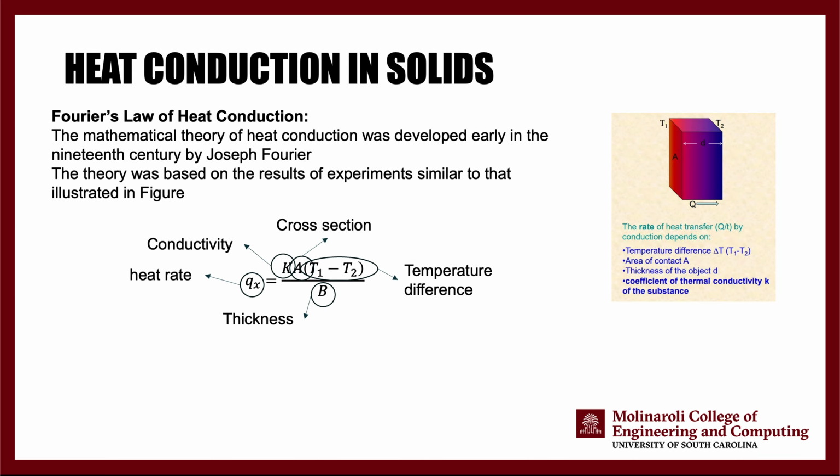This equation assumes that there are no heat sources in the wall itself. So the heat sources are outside and are pushing heat throughout this wall, right? And it assumes that there are no transient changes. Everything has reached a steady state. What that means is that these temperatures do not change with time.